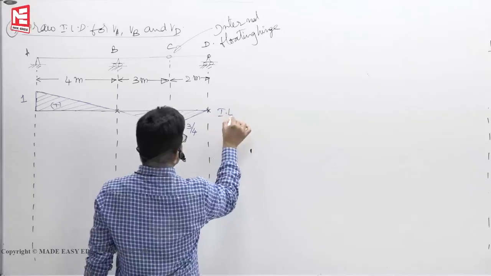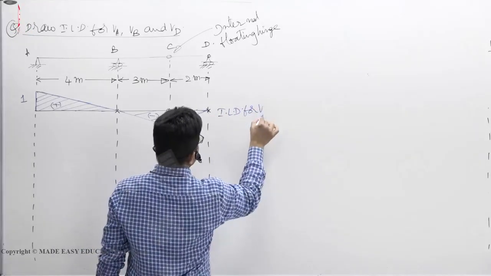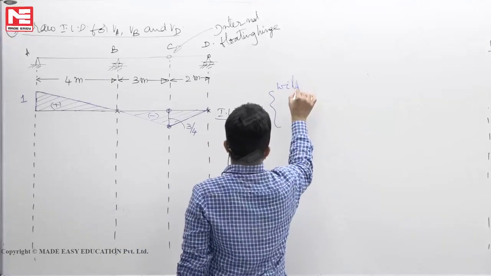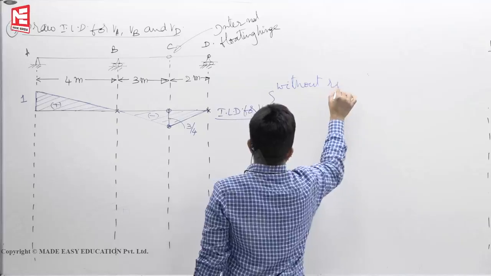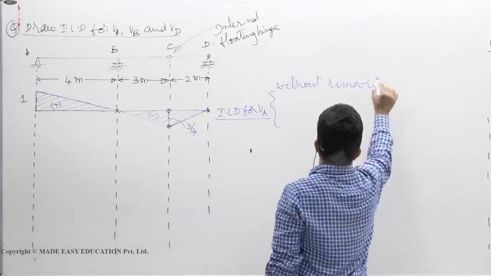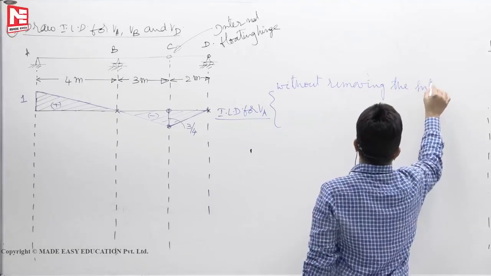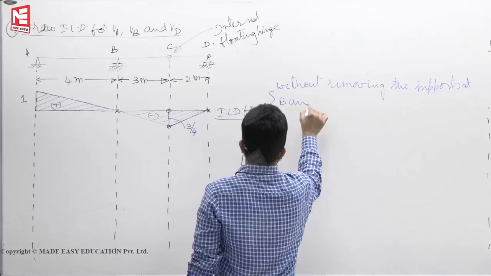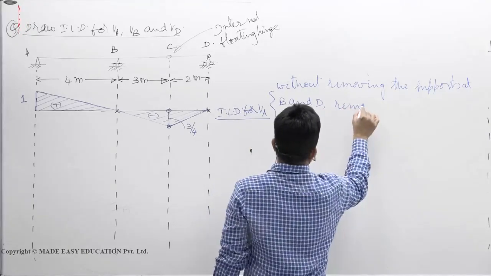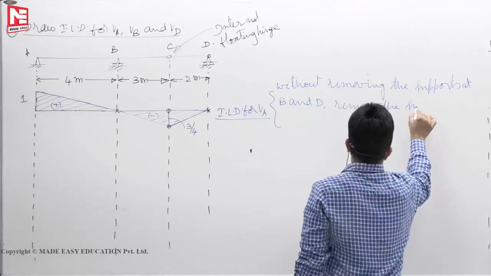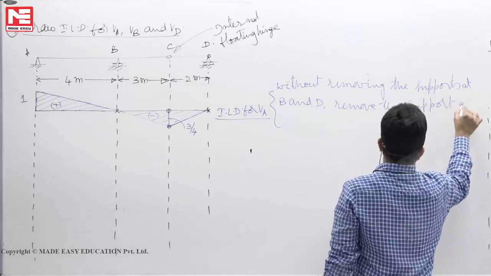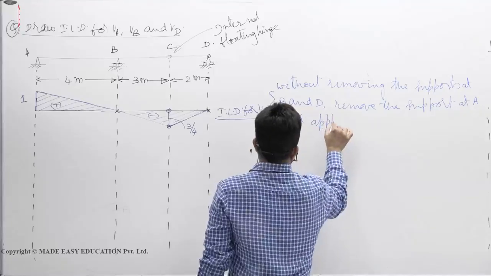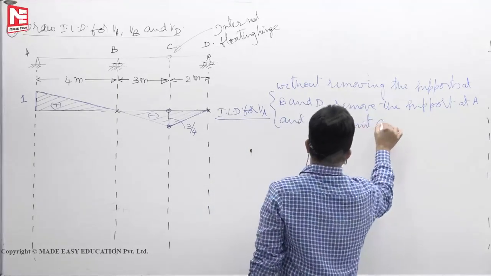So this is your influence line diagram for VA. How have we drawn it? Without removing the supports at B and D, remove the support at A and apply unit displacement.